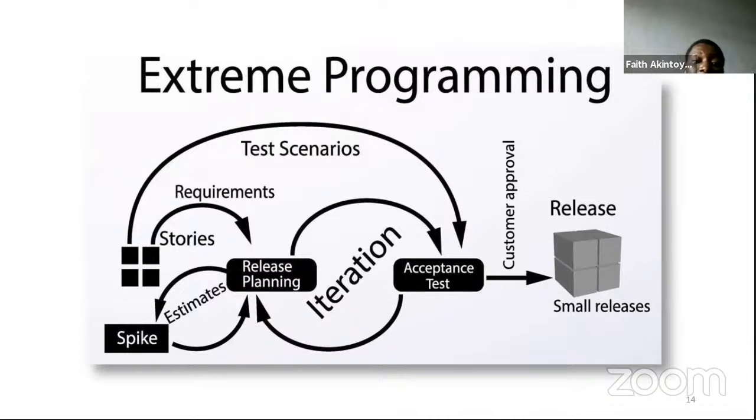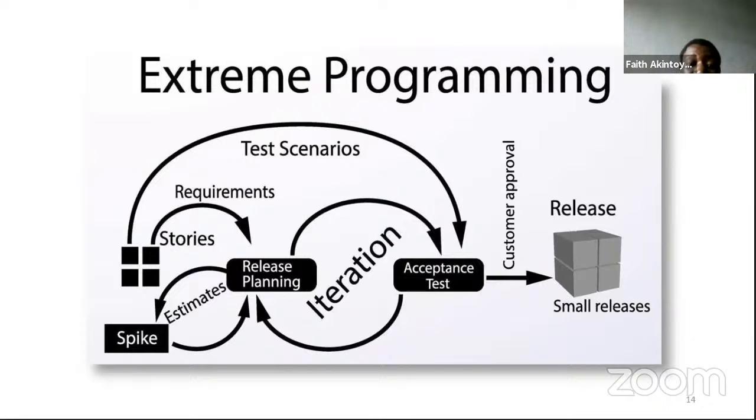In Extreme Programming, we need the stories, feedbacks from the users, the requirements and everything. Very, very important. Now, when that is completed, we go straight into the development, which is the release plan, then acceptance steps, testing.